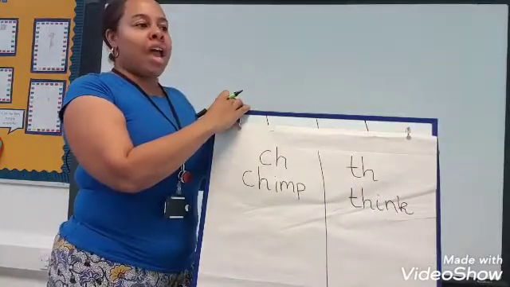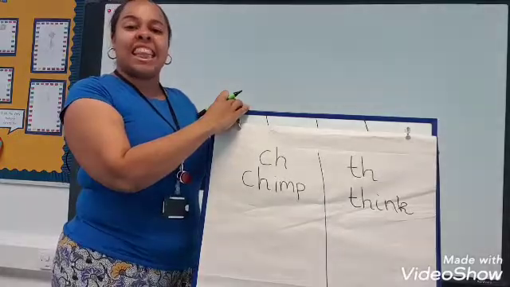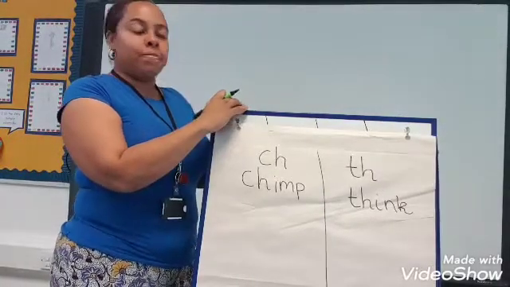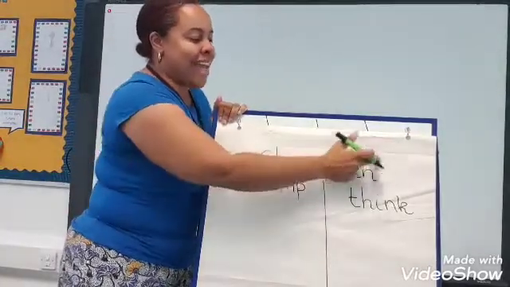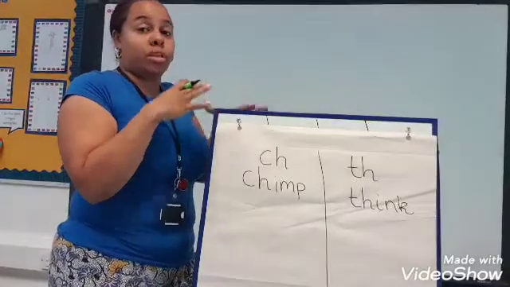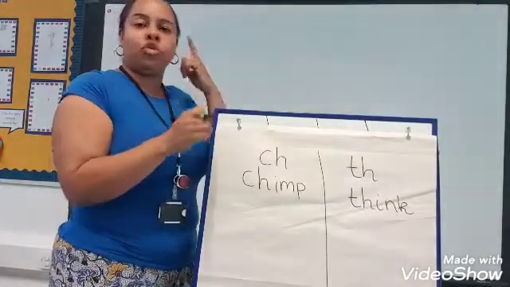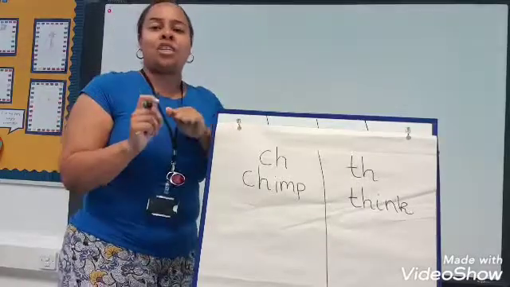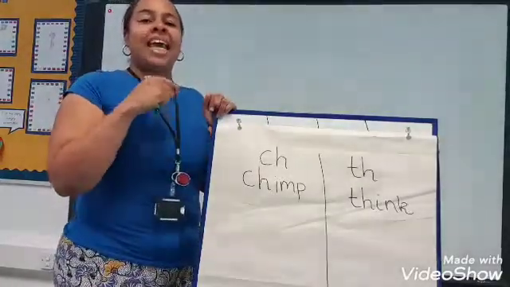I have another word for you now. The word that I have is teeth. Teeth. So have a think, and remember these sounds can be at the beginning or at the end of words, so it doesn't mean that because you cannot hear it at the beginning that it is not in the word. So let's try that word. Teeth.